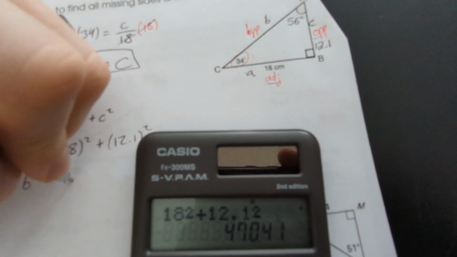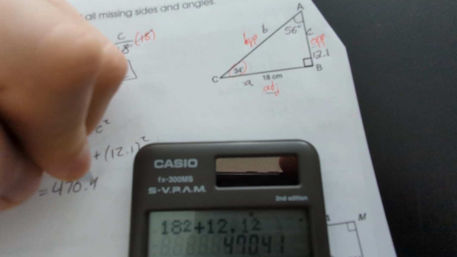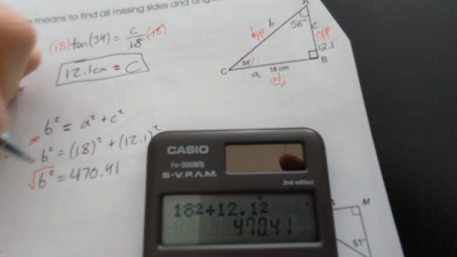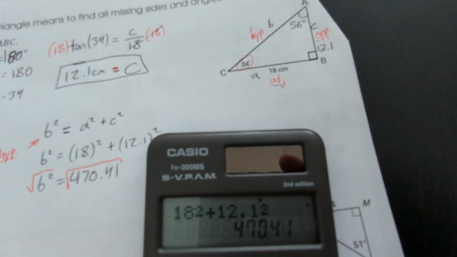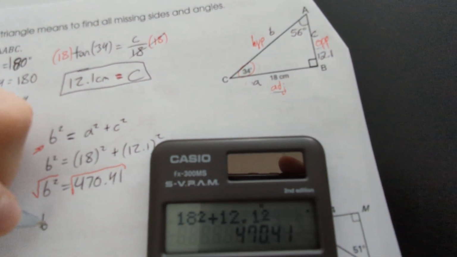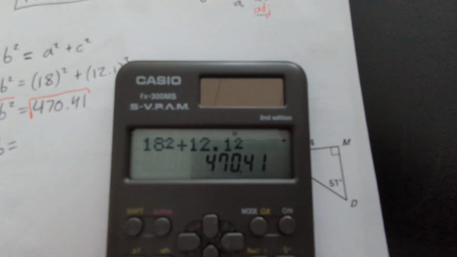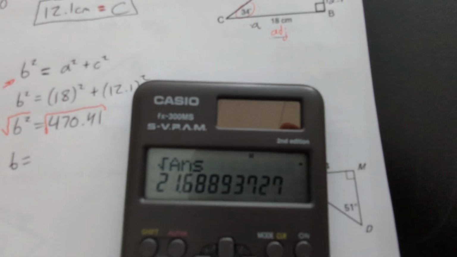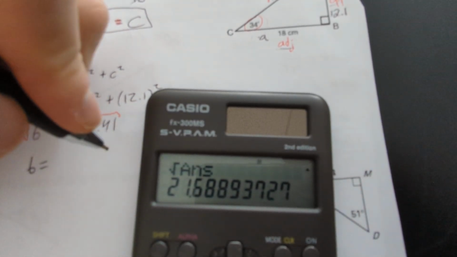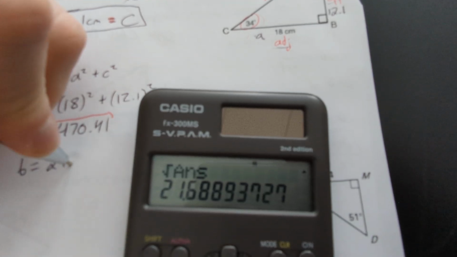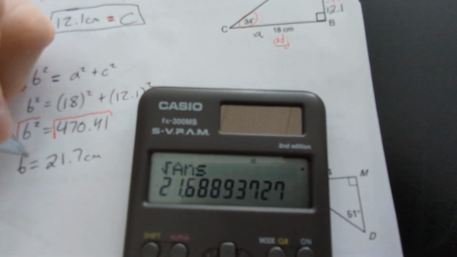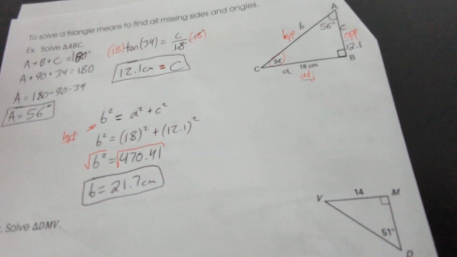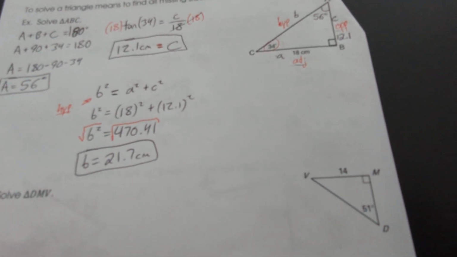That's 470.41. And then to get B by itself, we need to square root both sides. So B will be the square root of this number. So the square root equals 21.6, or if you round it, 21.7 centimeters.